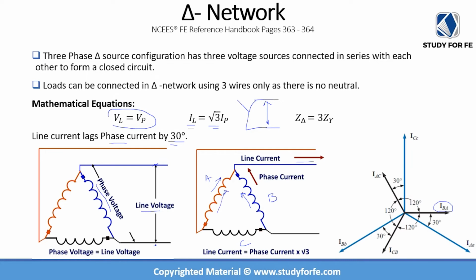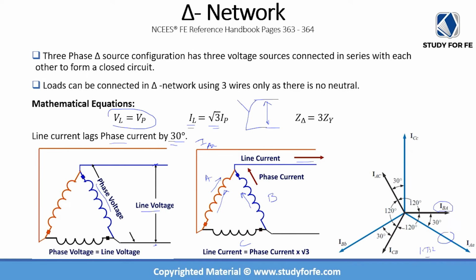And this is the phase A line current, IA, and it lags the phase current by 30 degrees. And you can see that the arrow for the line current, in the blue turquoise color, is actually greater than the phase current in length. And this difference is 1.732 times.